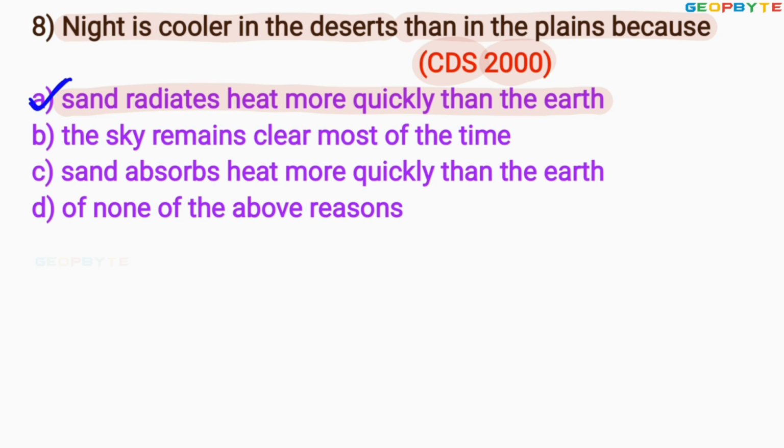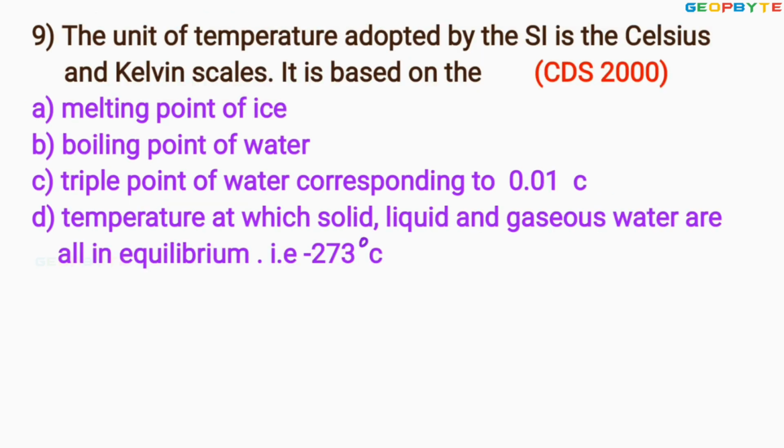Similarly, let us go for the next one. Look at the next one asked in 2000 for CDS exam. The unit of temperature adopted by the SI is the Celsius and Kelvin scales. It is based on. It means indirectly you are asked to decide what the reference state or reference temperature is for constructing temperature scales or thermometers.